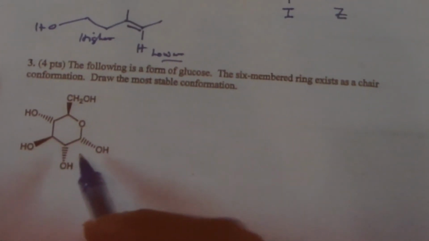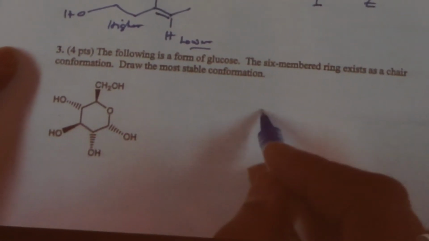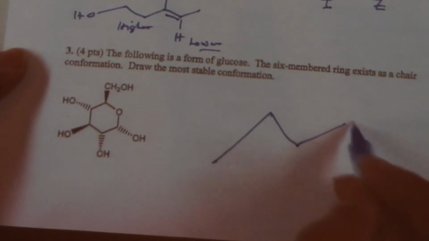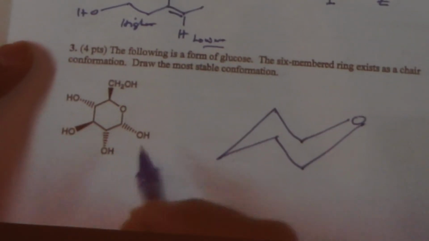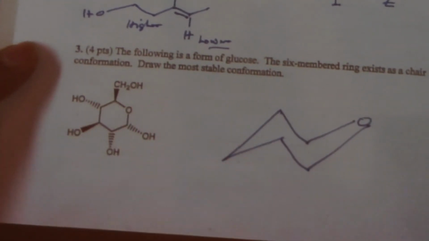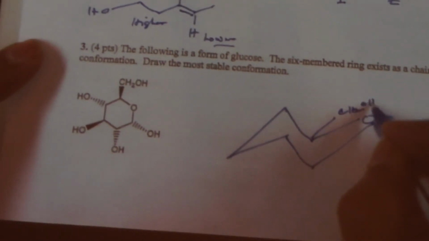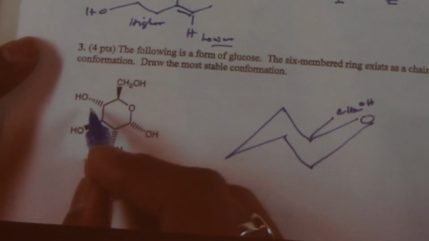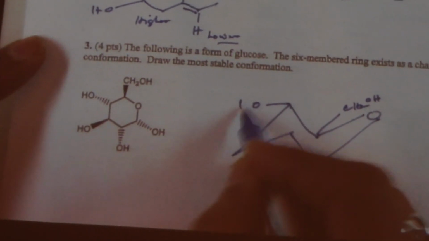Just rewrite that structure. And when you draw a 6-member ring system in chair form, then you can draw them in the following way. You start with the largest group, CH2OH, give that one as equatorial. Next we go to the OH, which is a trans relationship. If this is equatorial, then the trans is also going to be equatorial.